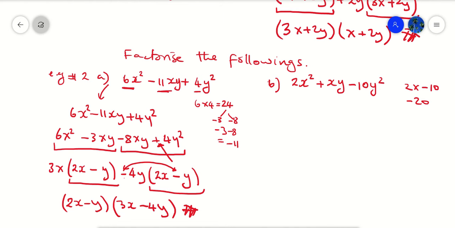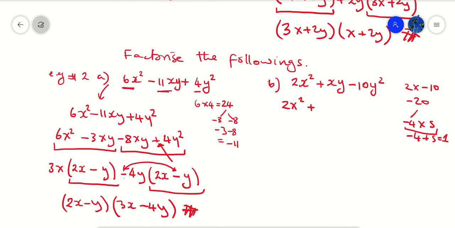So if I take this as minus 4 times 5 and add these two numbers, what will I get? I get minus 4 plus 5. What do I get? I get 1. So I can use these factors to split my middle term. I just rewrite the first term, 2x squared plus, what is my xy?